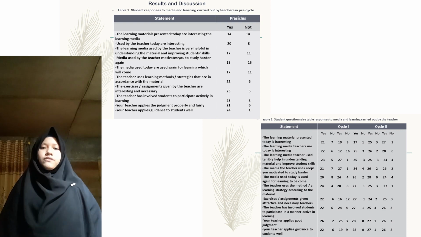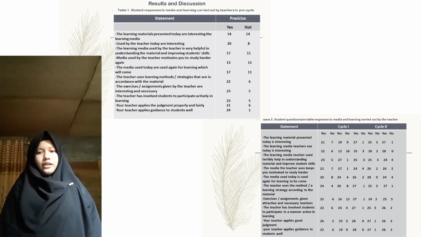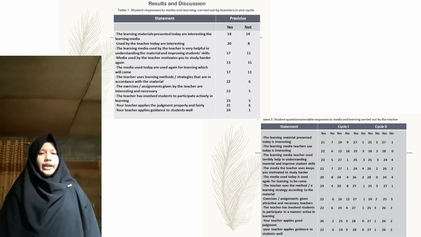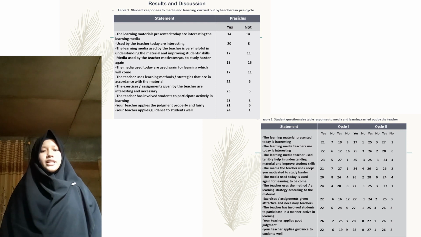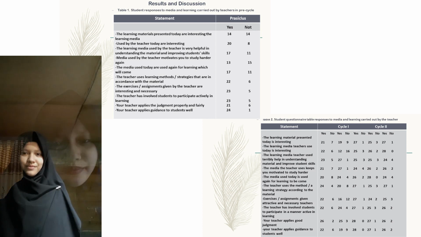The percentage of students who were actively discussing at the first meeting was 53.6%, and at the second meeting, it increased to 64.3%. And at the third meeting, it increased again to 71.4%. This means that student motivation is high.